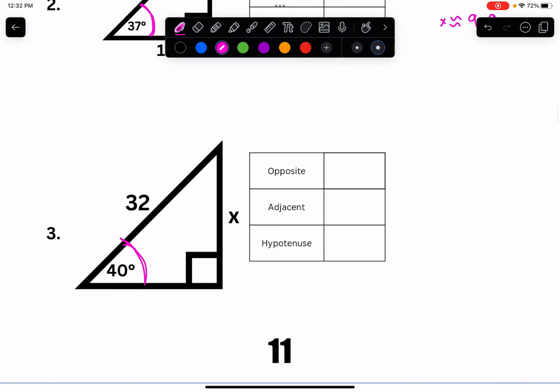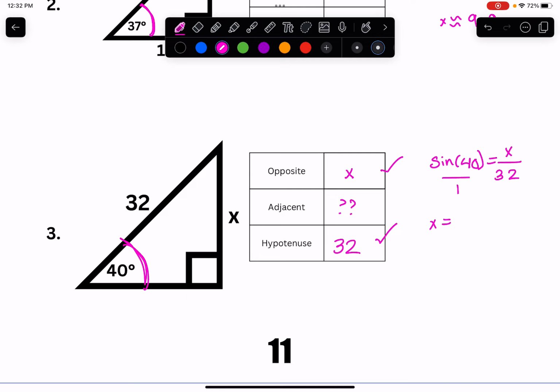Now again, mark the angle. The opposite is x. Adjacent we are not given, and hypotenuse is 32. So I have opposite and hypotenuse. So that is sine of 40 is equal to x over 32.